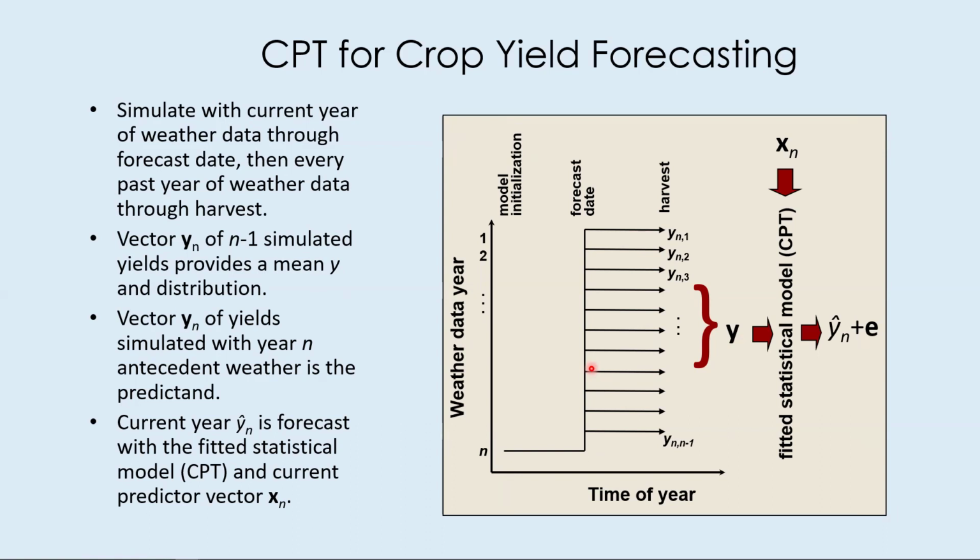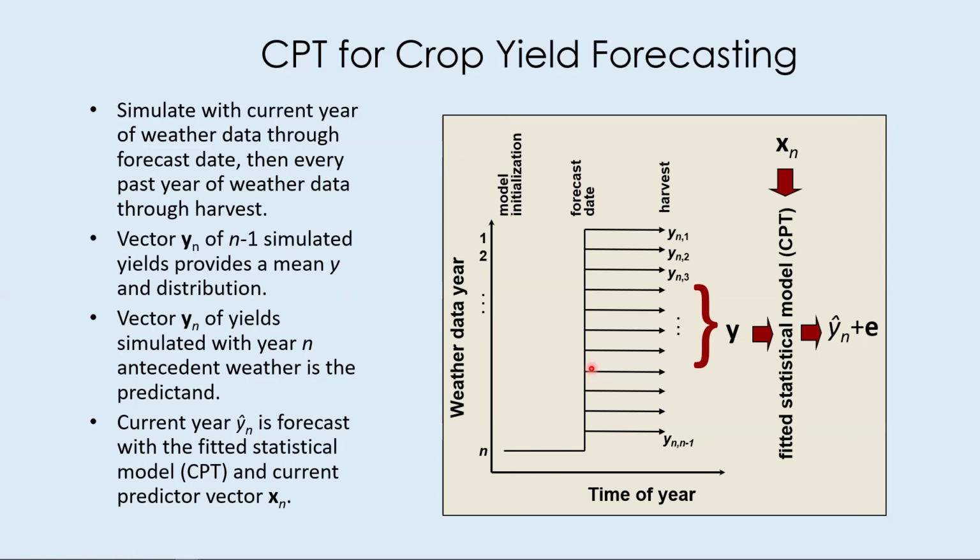We can use any predictor file, gridded or indexed. Using that predictor file and the yield values and distribution, we train the statistical model, and then use it to forecast the yield for the current year.